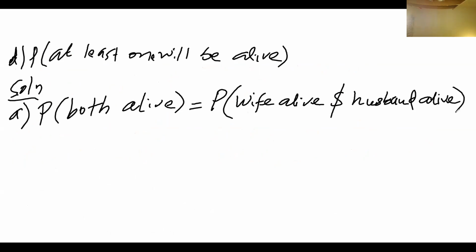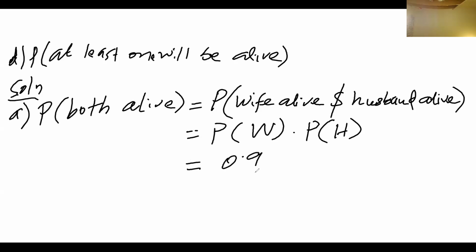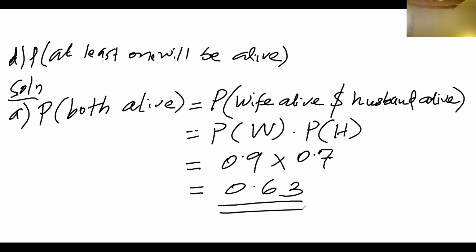Here these are independent events, so this can be represented as the probability of the wife being alive times the probability of the husband being alive. The probability of the wife being alive is 0.9 times the probability of the husband being alive, 0.7. This gives us 0.63. That is the first one.